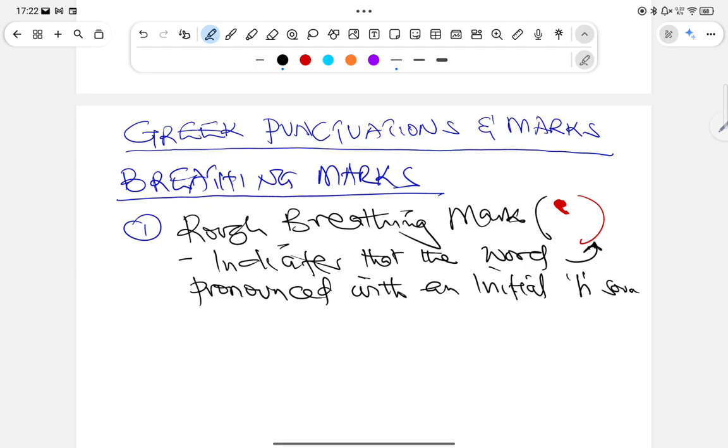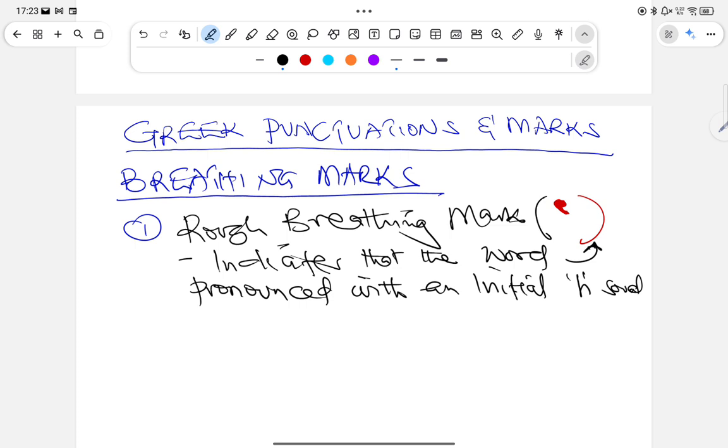That means even though the letter itself will not be written there, when the word is being pronounced, the H sound is going to be there. We're going to give an example of how that is used in a little bit.